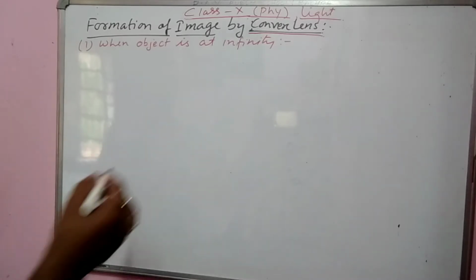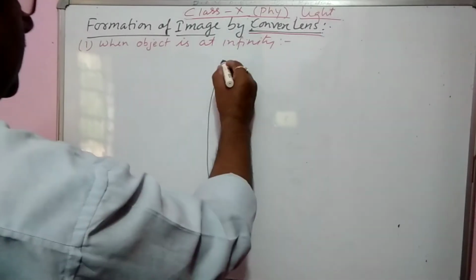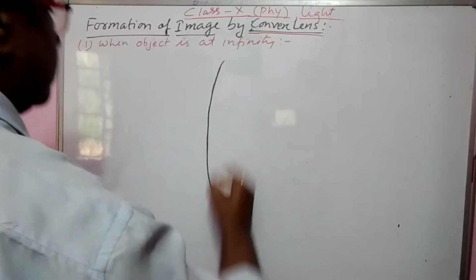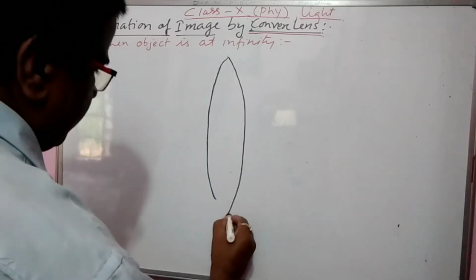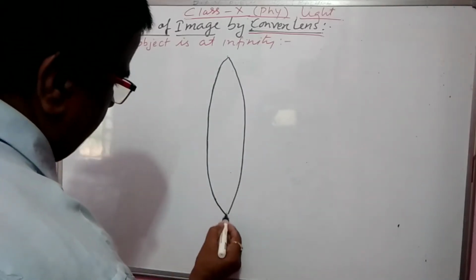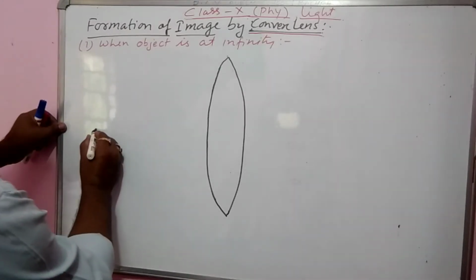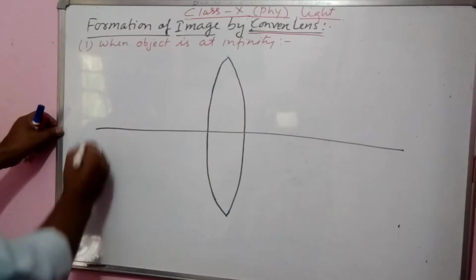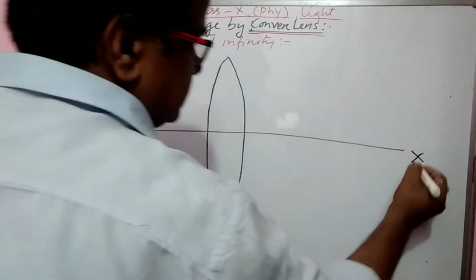So let us consider, first of all, you have to draw a convex lens. You can see this is a convex lens. Okay, my dear student, it is a convex lens. And you have to draw a straight line that will be the principal axis.